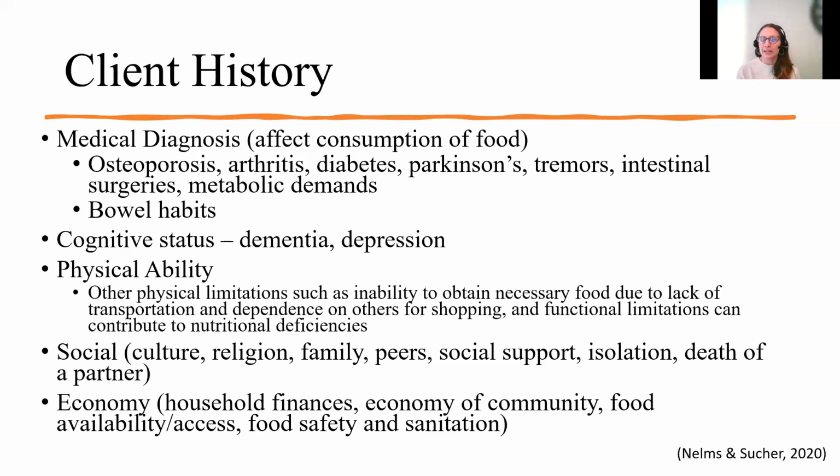And then looking at the economy, have household finances been a burden for a patient to have access to food? Are there services in the area like food pantries, Meals on Wheels, senior centers where they can get food from? What is the economy of the community?